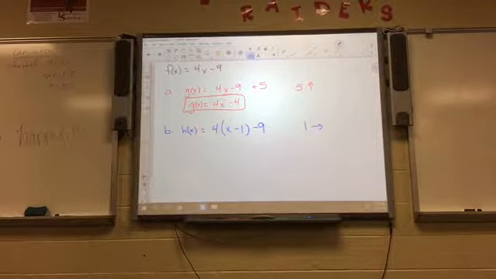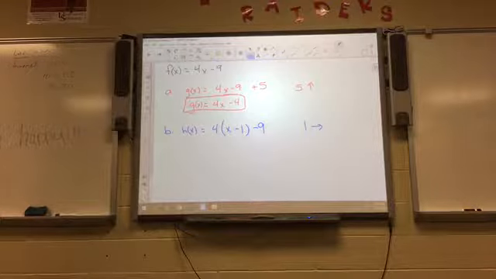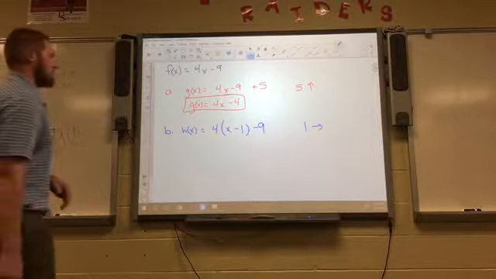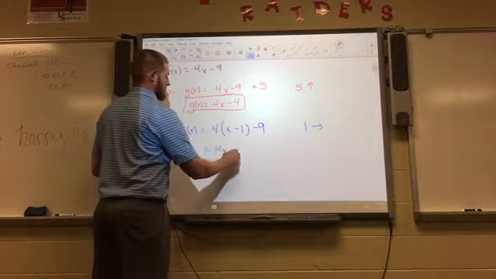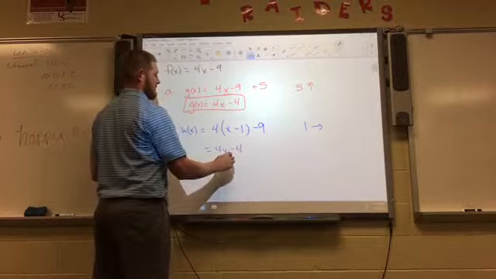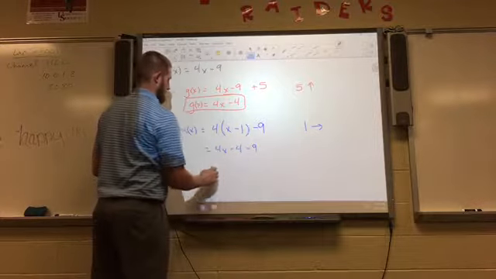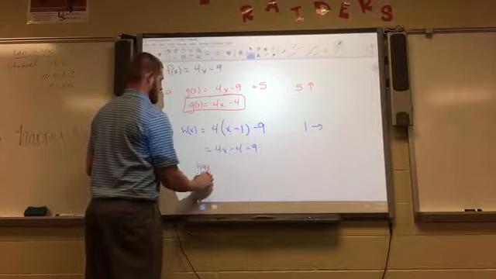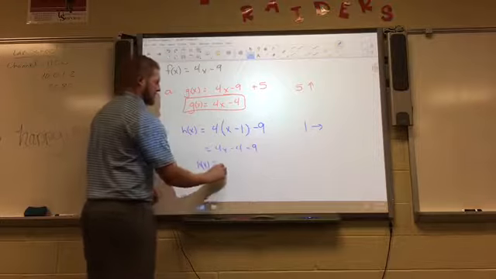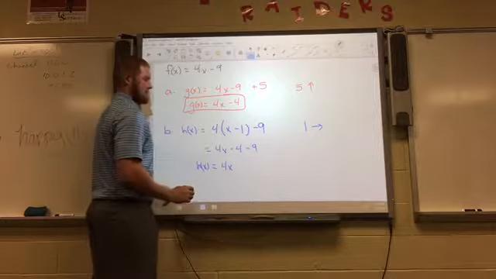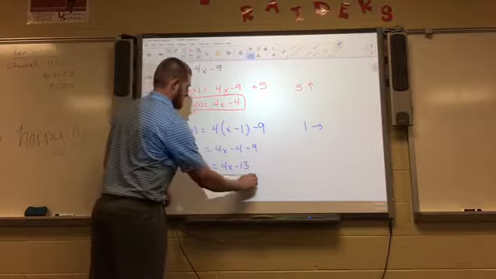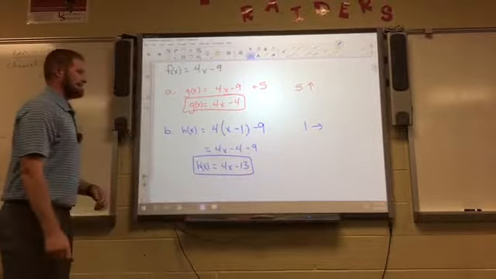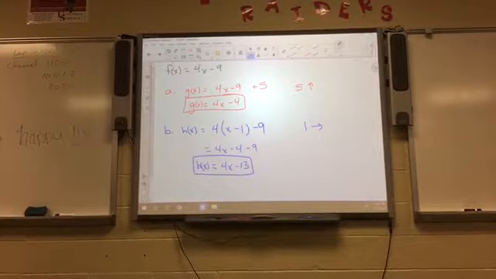Can I simplify this expression? What can I do with my 4? Distribute it. So I have 4x minus 4 minus 9. So my final answer, h of x, is going to be 4x minus 13. That was a horizontal translation, 1 unit to the right.